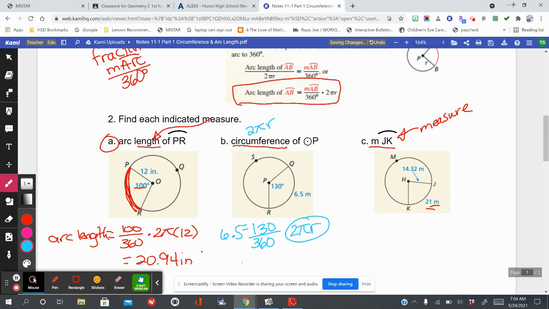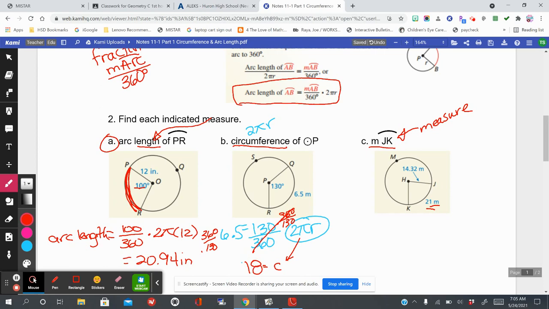We essentially just have to multiply both sides by 360 over 130. So our circumference is equal to 18.